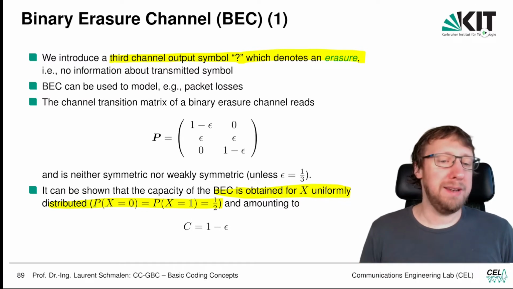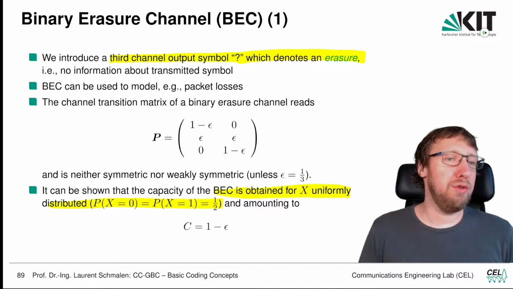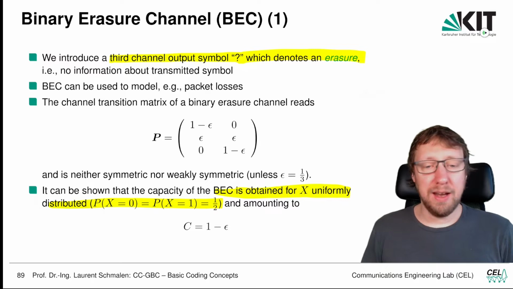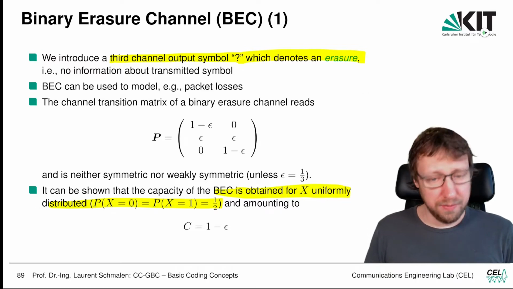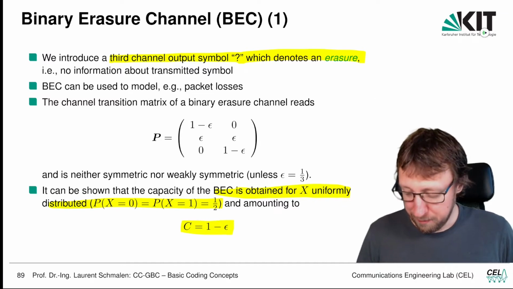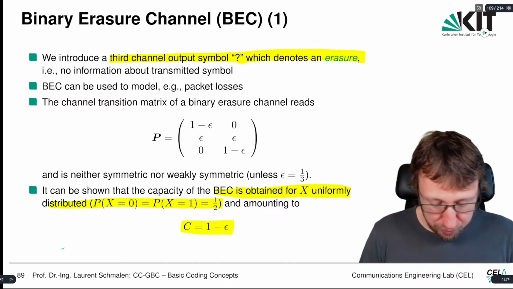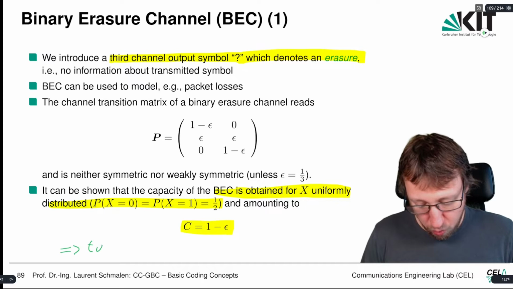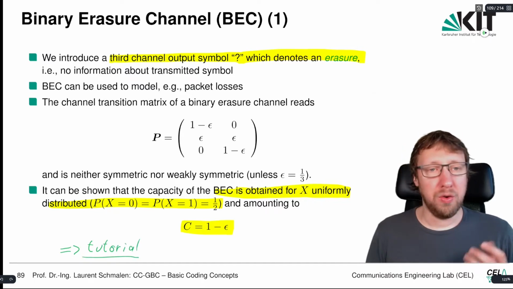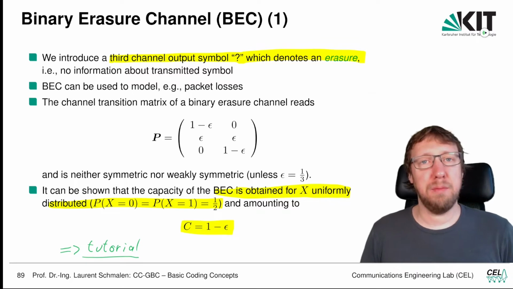So if the probability that x is 0 is equal to 1/2 and is equal to the probability that x is equal to 1. And the capacity is a very simple expression. It is 1 minus epsilon. If you'd like to know how to derive this, we have an exercise in the tutorial where we're going to calculate the capacity of the binary erasure channel.